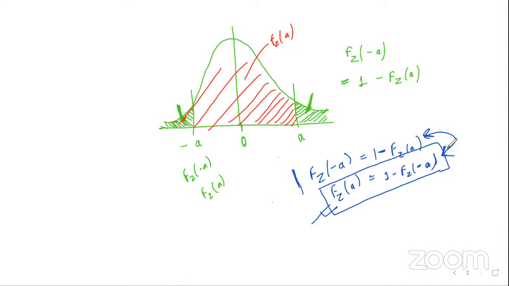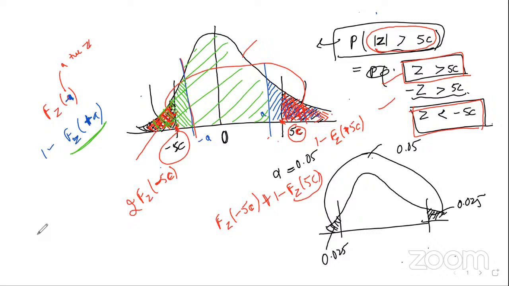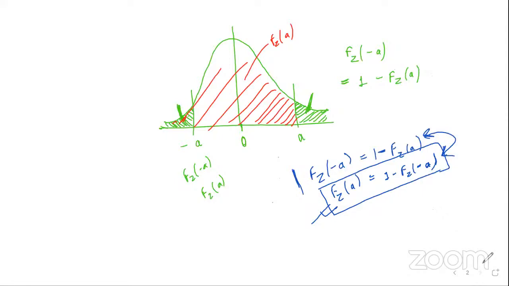Okay. What are we trying to reach here? You said that the shaded tail portions are both equal. What are we trying to do is write F of minus a in terms of F of a, or F of a in terms of F of minus a, both ways.